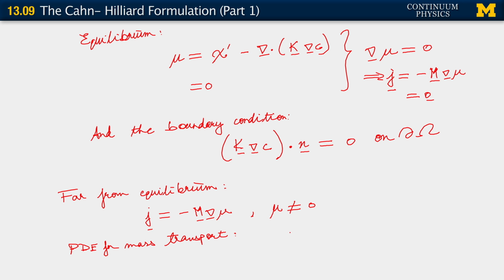It is that the partial of c with respect to time equals our source pi minus the divergence of j.